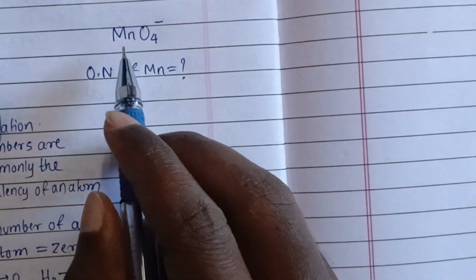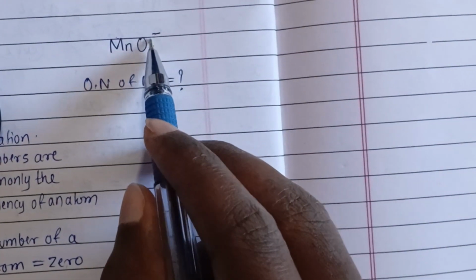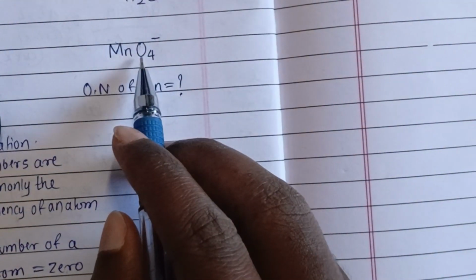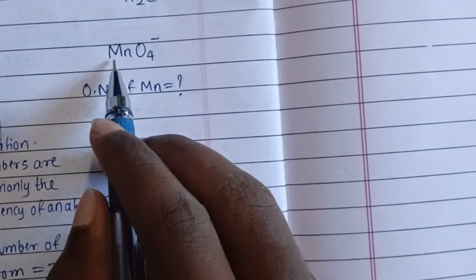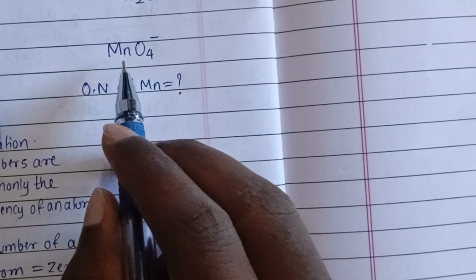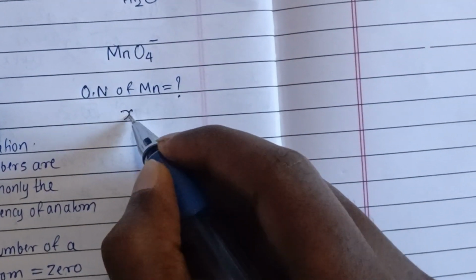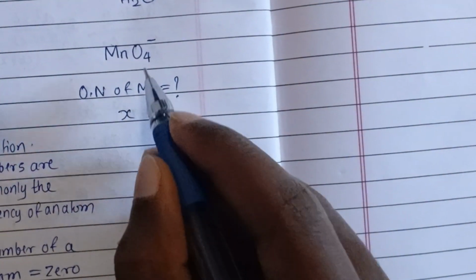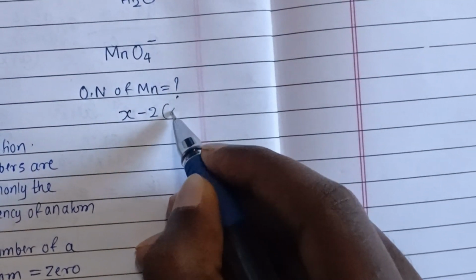For example, here MnO4 minus. You see that minus is the net charge of the whole compound. You know that oxygen has -2 as its oxidation number, but I don't know the oxidation number of manganese, so I have to calculate it. How to calculate it? First you take the oxidation number of Mn as X. We know that the oxidation number of oxygen is -2 and there are 4 of them, so I will write -2 into 4.